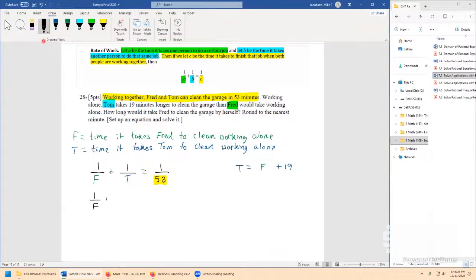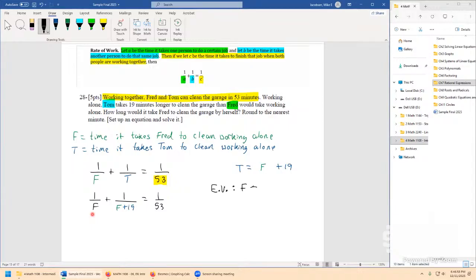So it becomes 1 over F plus 1 over F plus 19 equals 1 over 53. So that's the equation we would like to solve. At this stage, it's really just a generic equation in chapter 7, solving a rational function. First thing we'd be worried about is excluded values, kind of like the excluded value 1 on the last equation.